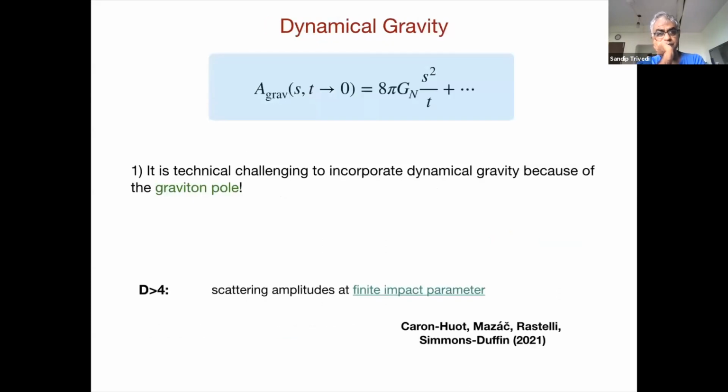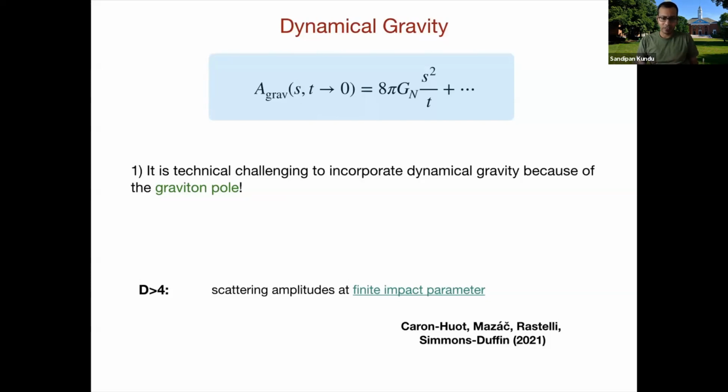Thank you. And the situation is actually a lot worse when you include dynamical gravity. In most of these arguments, you consider the forward limit of the scattering amplitude. And even the simplest diagram, which is basically a single graviton exchange, has a pole in the forward limit. So all these arguments don't work when you have that t-channel pole.